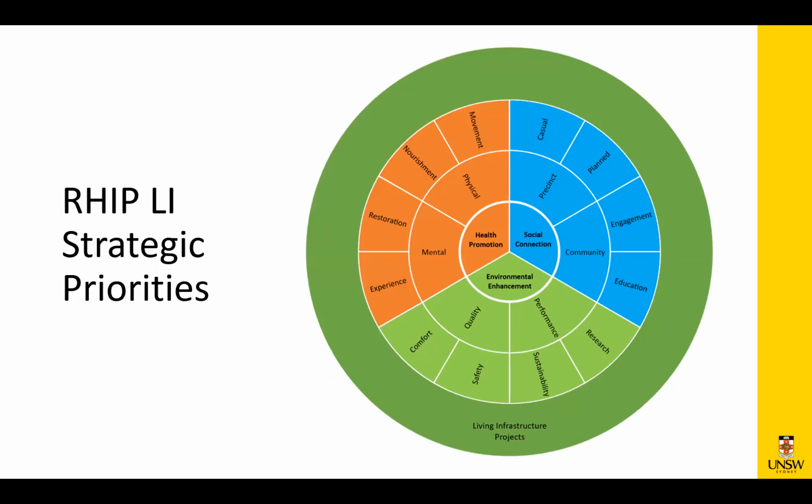So this is our take on the target diagram that the Health and Innovation Precinct has adopted. We're starting with those three points of health promotion, social connection, environmental enhancement. And you'll see those little colours, the orange, blue and green, in the top left-hand corner of the slides. That's what it's actually representing.